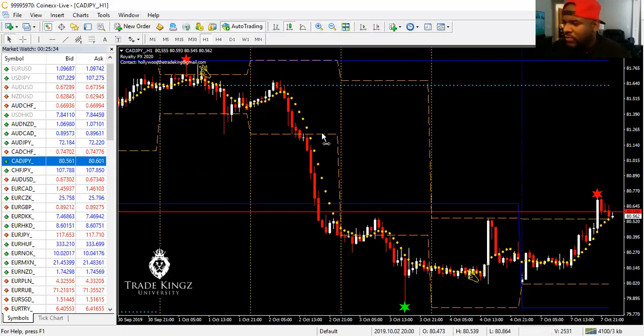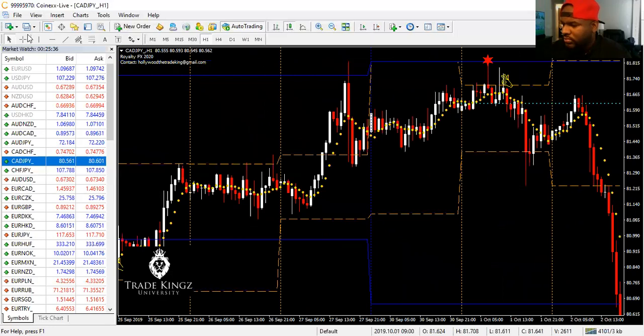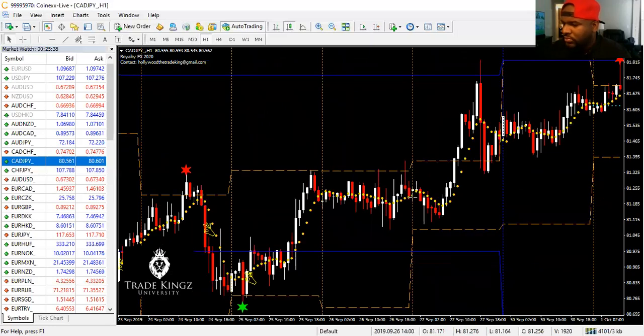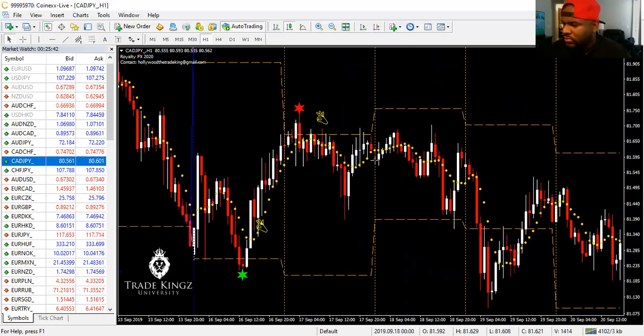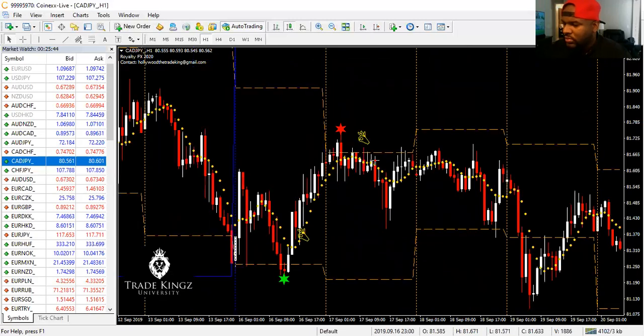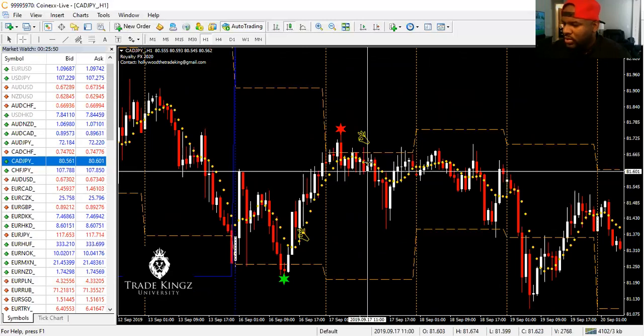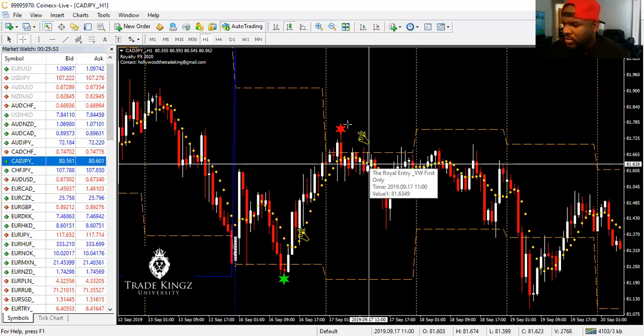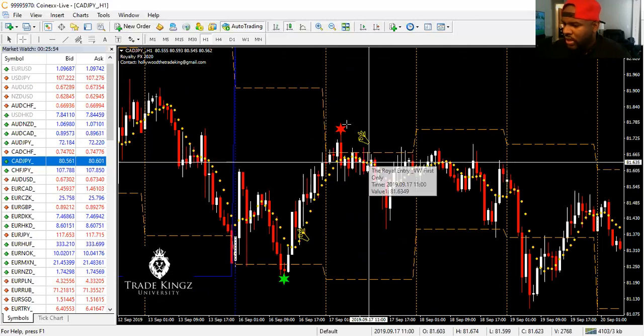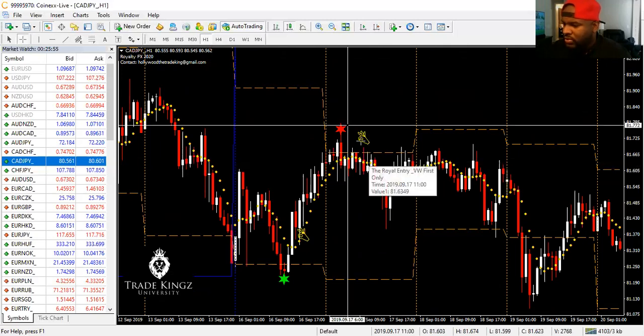Let's go back a little further. Okay. Even with this, you could have taken this trade here. Your stop loss would have been here, above the star.